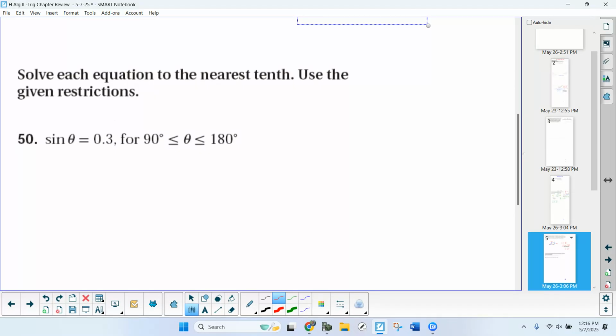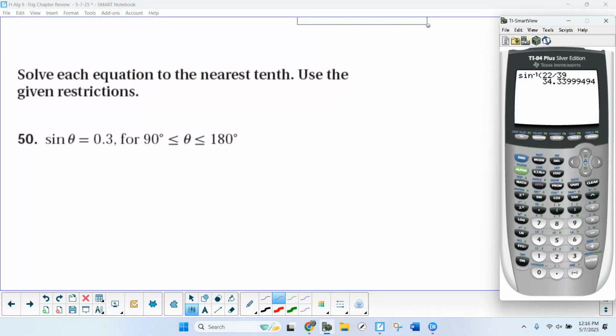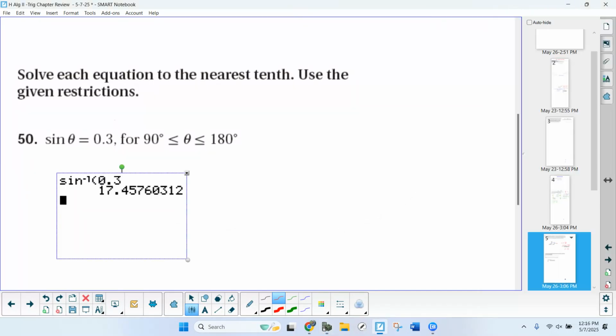Okay, how'd you guys find theta to start? Inverse sine of what? 0.3. And what did your calculator give you? Okay, does that fit between 90 and 180? No. Okay, so your calculator correctly told you that the sine is positive right here at 17.5 degrees.